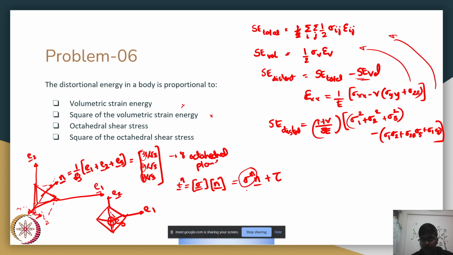This is the normal component, and this is your shear component. I'm basically decomposing the traction on any plane into a normal component and a shear component. If my traction Tn looks like this, I'm decomposing it as sigma n and tau.